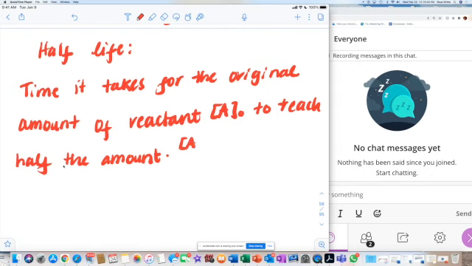Meaning you end up with half of what you started off with, right? So if you started off with 10 molar, now you're left with 5. So the time it takes for the original amount of the reactant to reach half that amount. We need the time it takes for us to go from the original amount to half the amount. How much time is that?